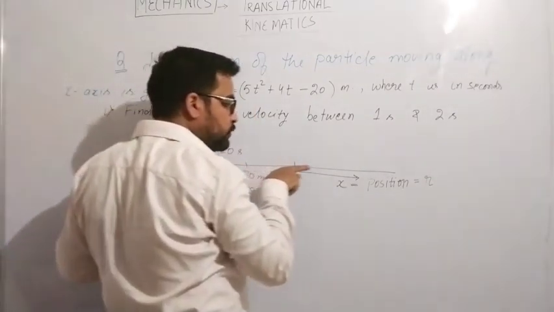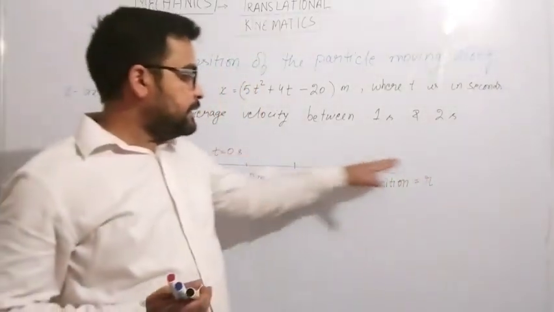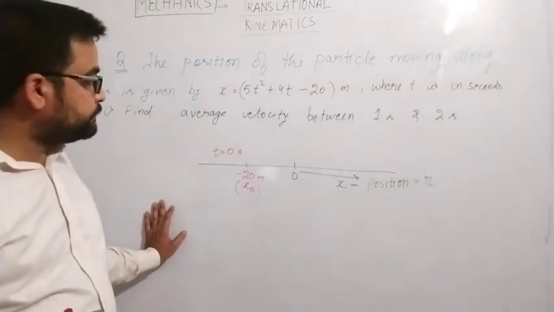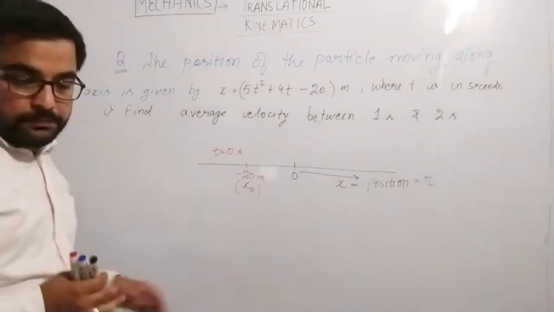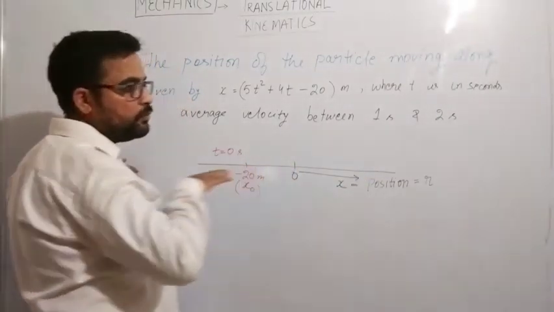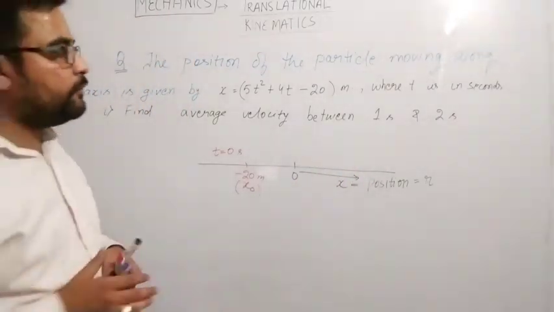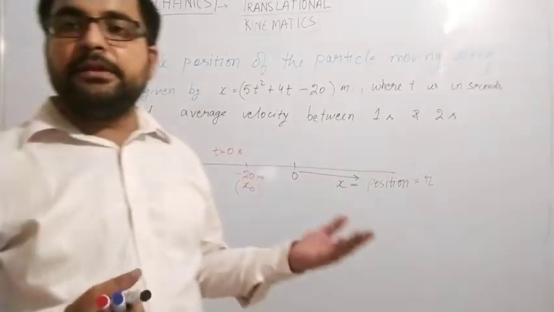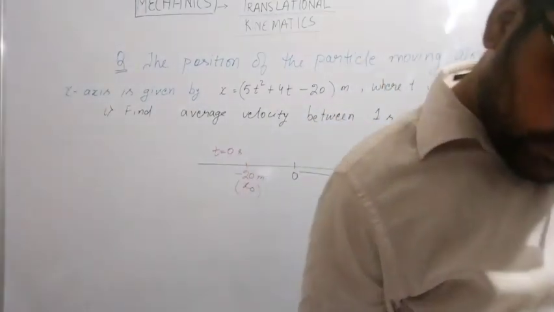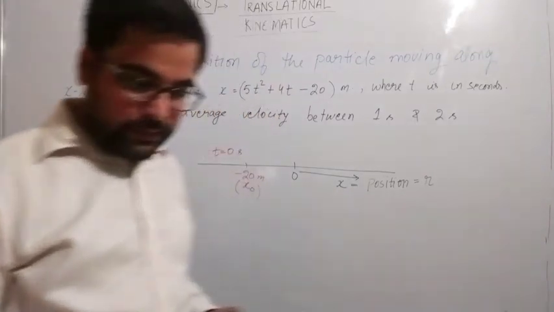So it is always going to move in this direction, right? So we don't have to worry about the direction of the velocity vector. It's asking average velocity, so you have to tell the value.